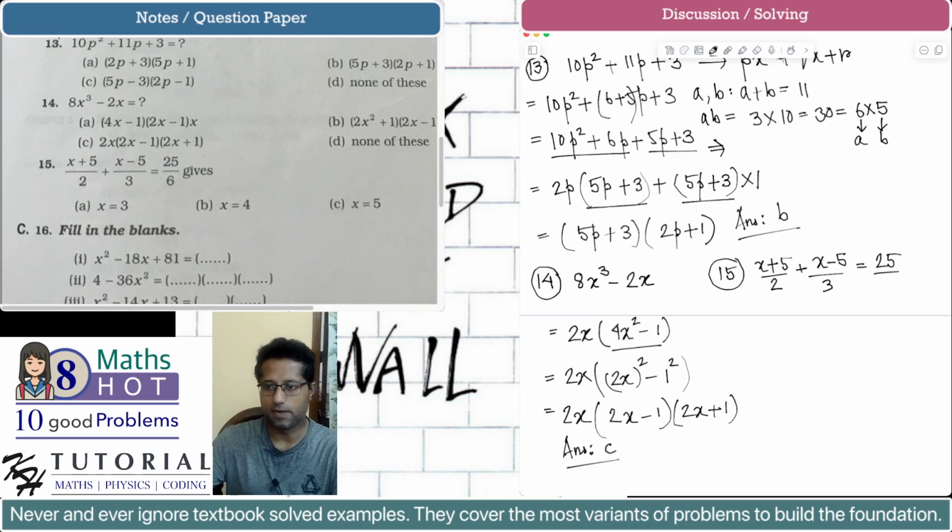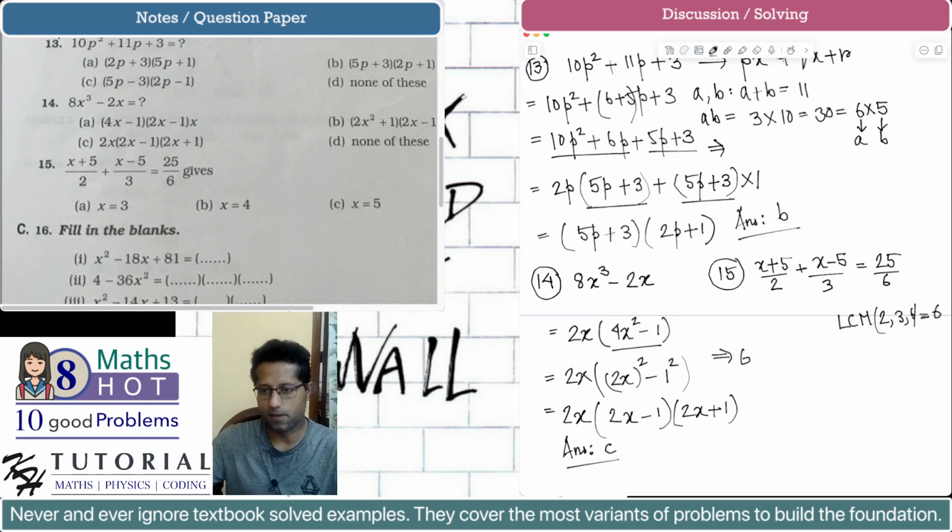Now you can see that in this equation all the terms are rational, having denominators 2, 3 and 6. So we have to first find the LCM of all the denominators, that is LCM of 2, 3 and 6, which is equal to 6. Then we will multiply both the LHS and RHS by the LCM, that is 6.